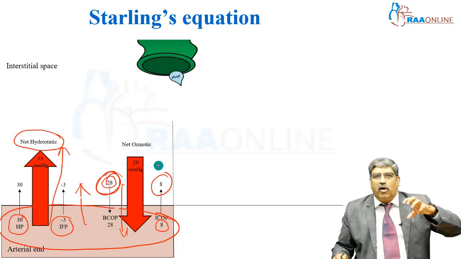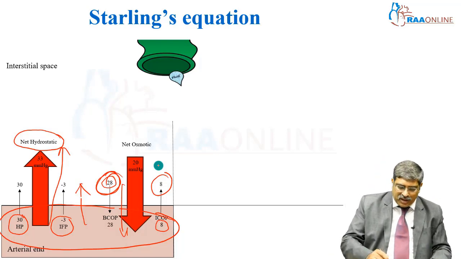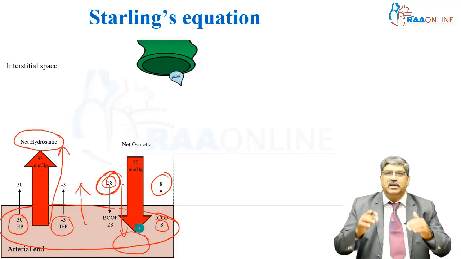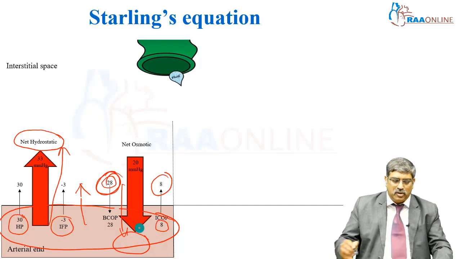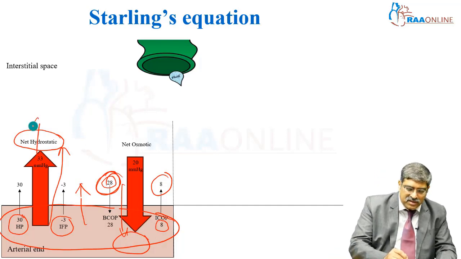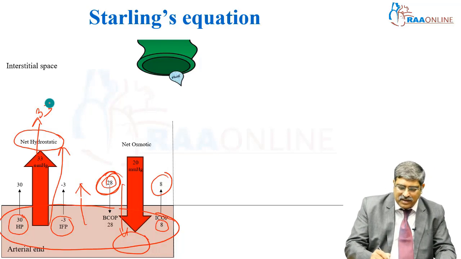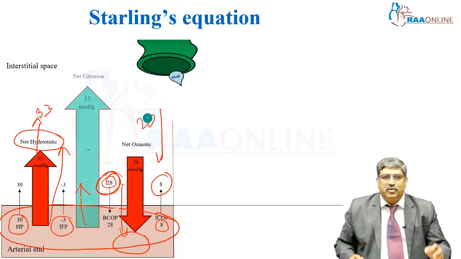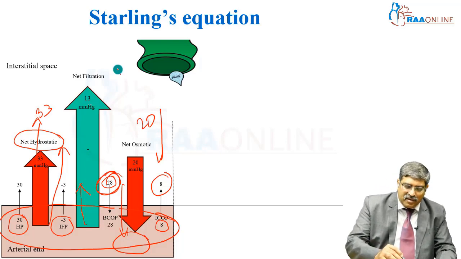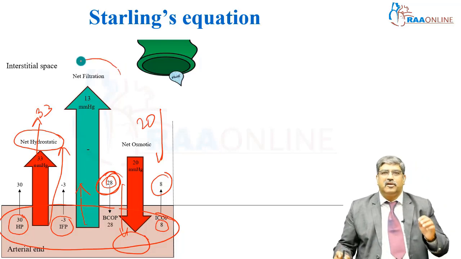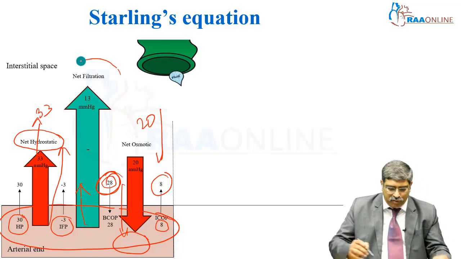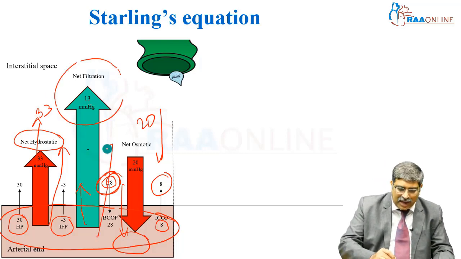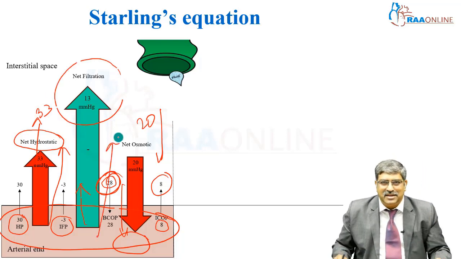So, a force of 20 millimeters of mercury is trying to retain the fluid inside the capillary. So, the net outward force is 33 and the net inward force is 20 millimeters of mercury. If you combine them, there is a force of 13 millimeters of mercury which shifts the fluid from the capillary into the interstitial space.